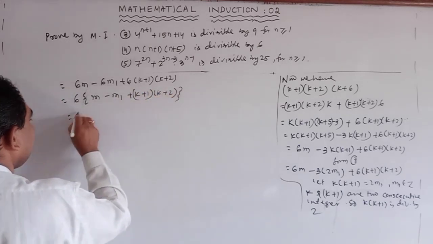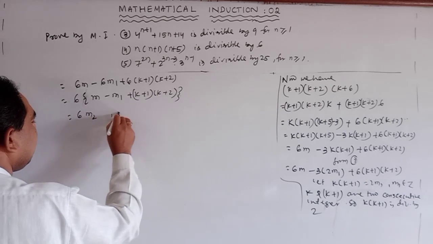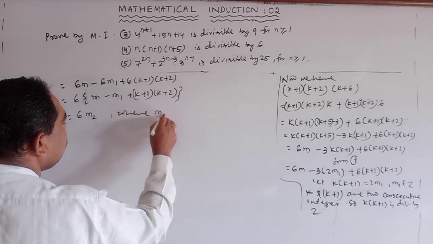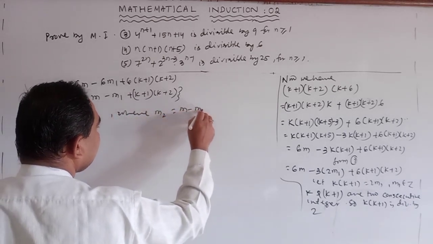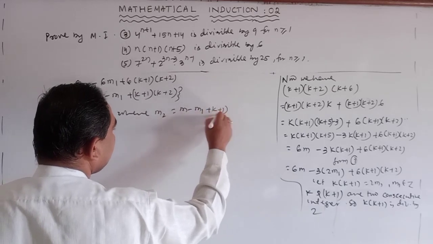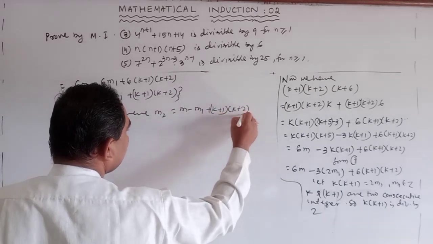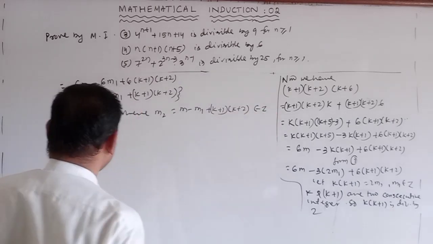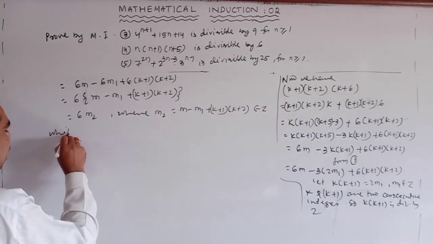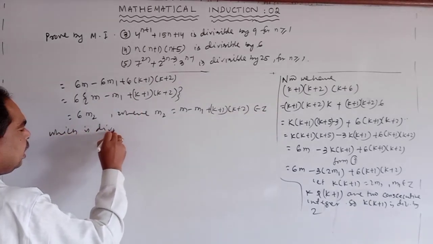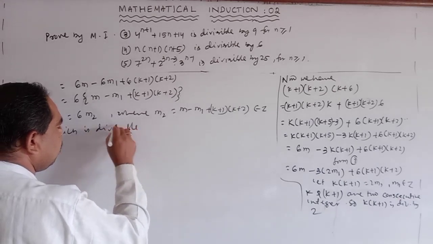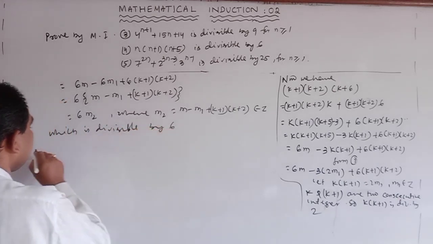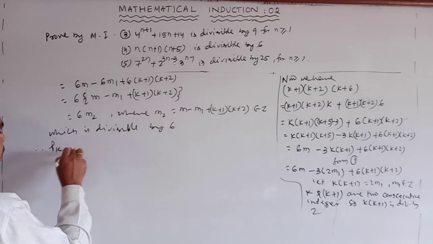So this is equal to 6m2, where m2 is equal to m minus m1 plus k plus 1 into k plus 2, which belongs to the set of integers Z. So it is divisible by 6. Therefore Pk plus 1 is true.